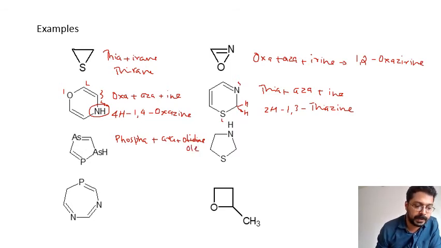You can number it 1, 2, 3, 4, and you can see that in the second position there is an indicator hydrogen. So the name will be 2H-1,2,4.